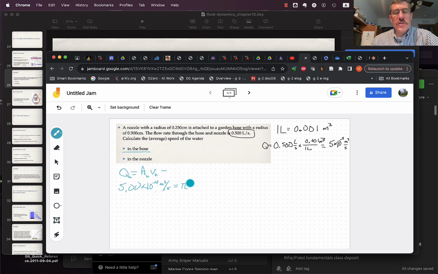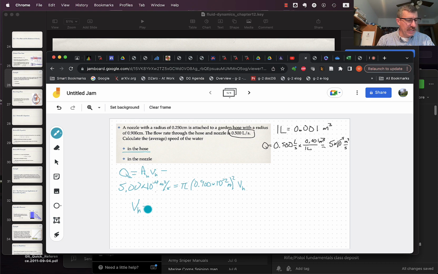If I assume this is a cylindrical channel, the area is going to be the area of a circle, so pi r squared. The hose has a radius of 0.9 centimeters, or 0.9 times 10 to the minus 2 meters, squared. So that's my area, pi r squared, times whatever the speed of the fluid in the hose is. So now I just have to solve that for the speed.